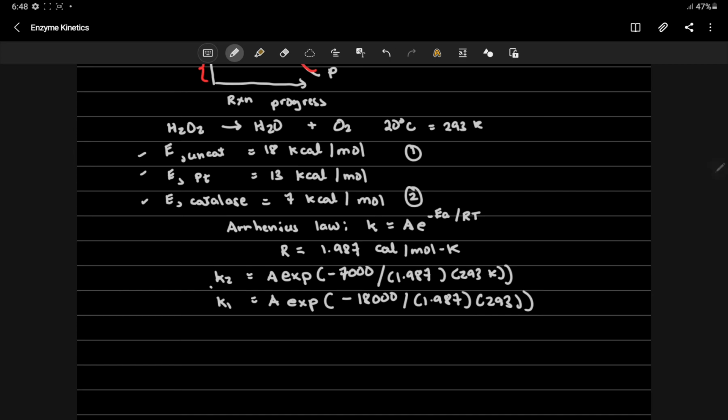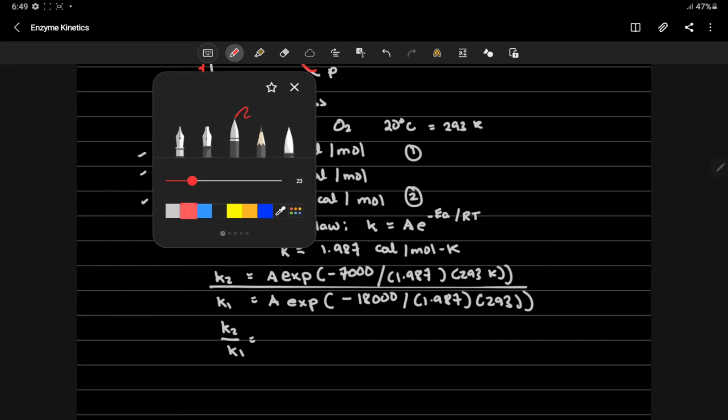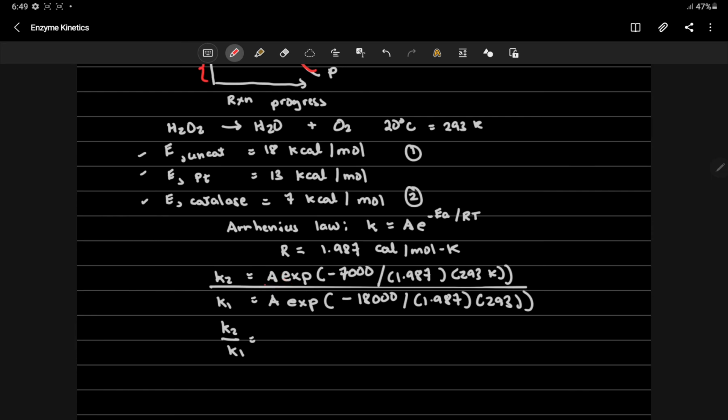So divide basically. So that magkakaroon tayong value ng ratio ng K2 and K1. So si A or yung pre-exponential factor natin, mawawala lang yan, magka-cancel.